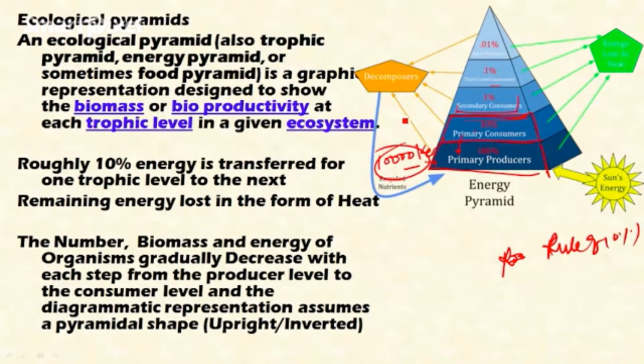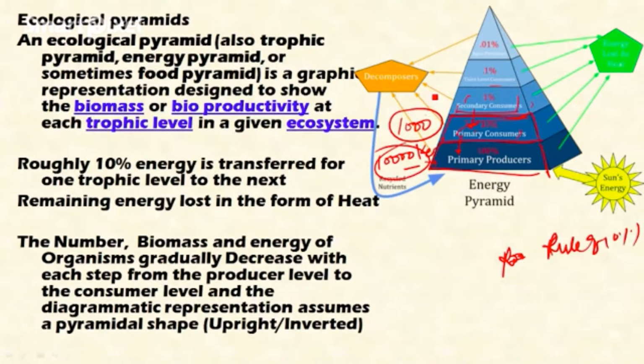10% means 1000 kilocalories of energy, and the remaining energy is lost in the form of heat or for metabolic activities of these animals. This also holds good for the next level. If the secondary consumers attack this primary consumer and eat it, then they get 10% of this energy.